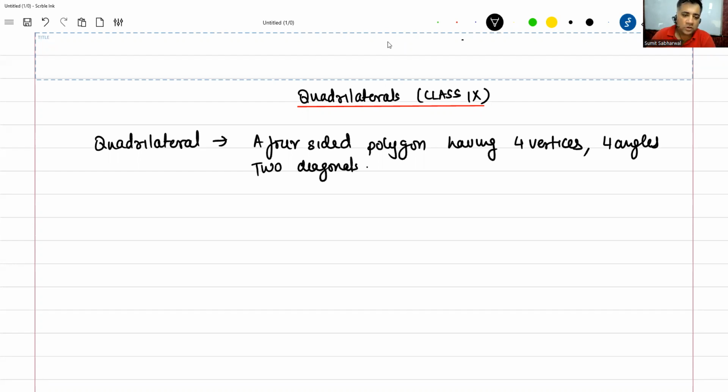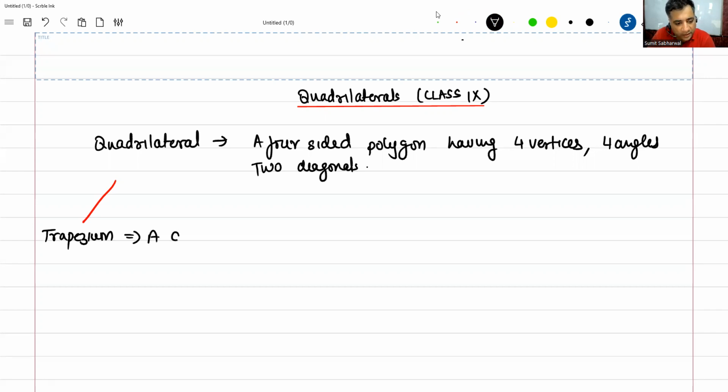Okay, so this is what quadrilateral is all about, and quadrilateral has its types. So what all kinds of quadrilaterals are there? First of all, it's a trapezium. Now what's a trapezium?